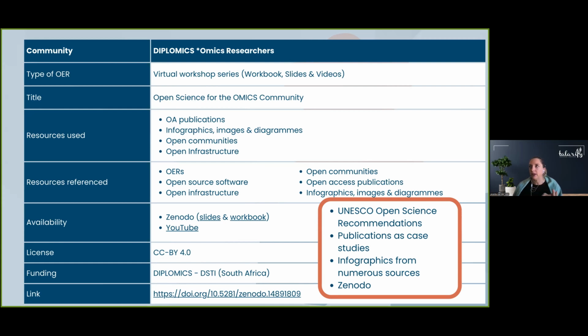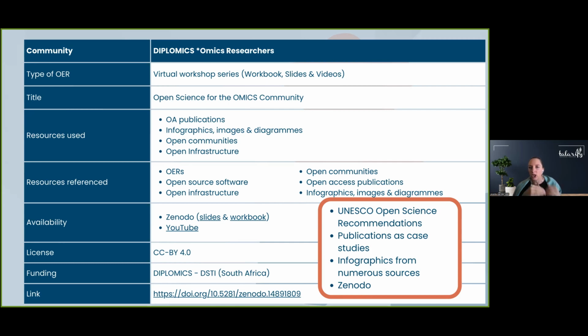The second workshop was open science for people working in a wet lab. And the third workshop was open science practices for computational omics researchers. We had some practicals along with the theory. This whole series was supported by a workbook which we created and which is available on Zenodo.